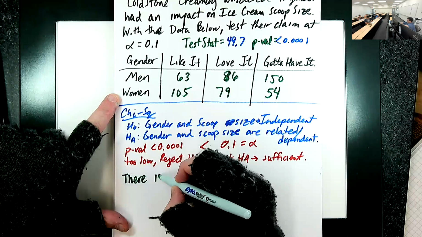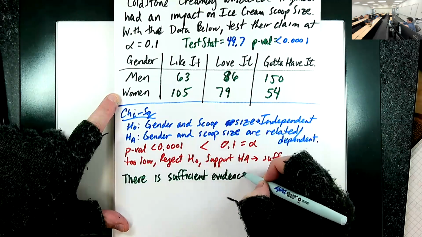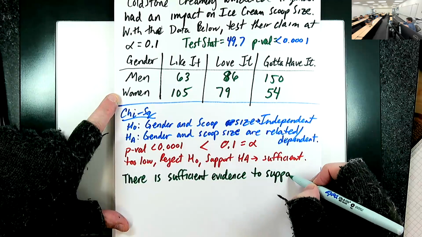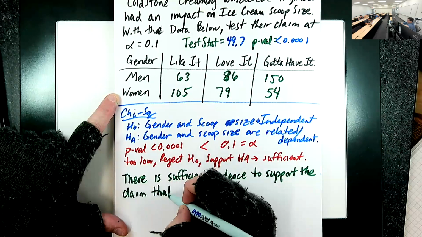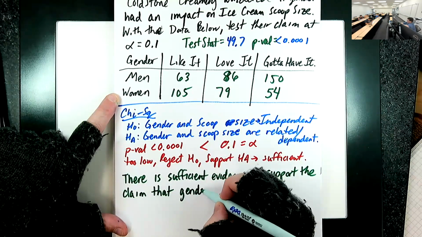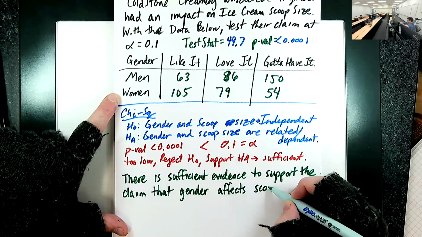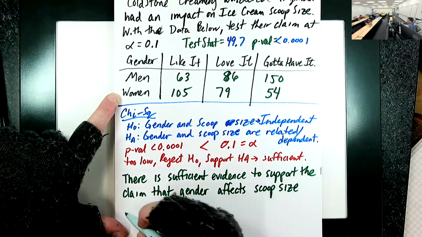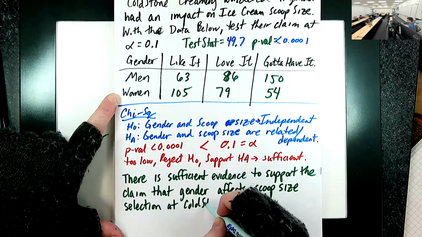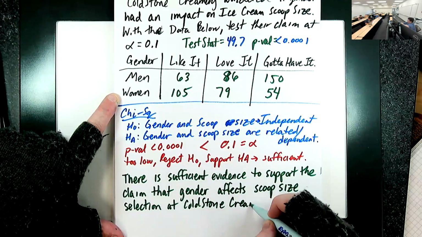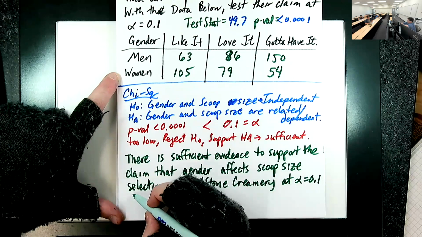There is sufficient evidence to support the claim that gender affects scoop size selection at Cold Stone Creamery at alpha equals 0.1 level of significance.